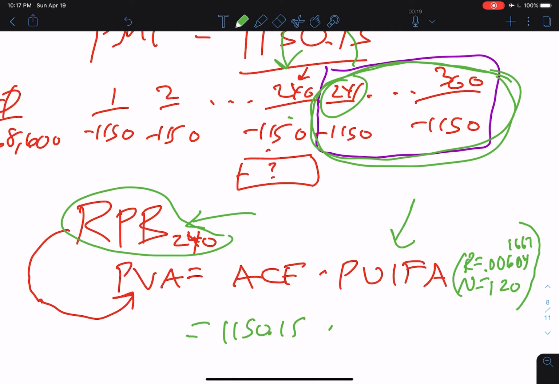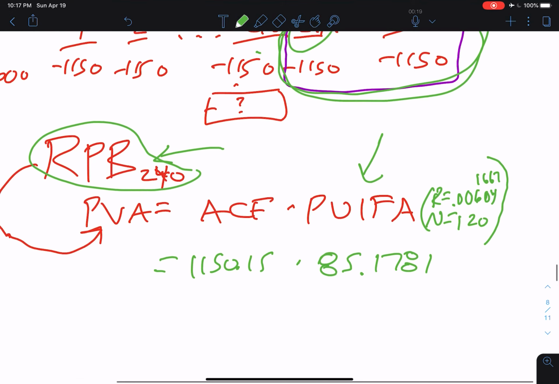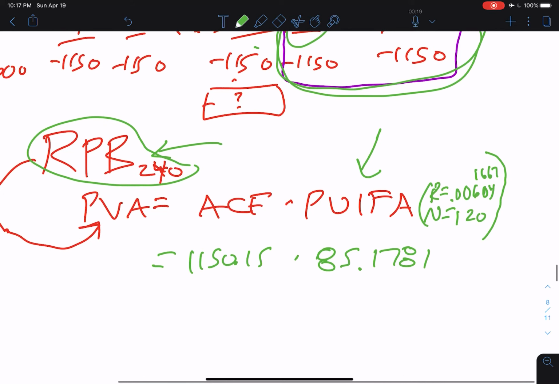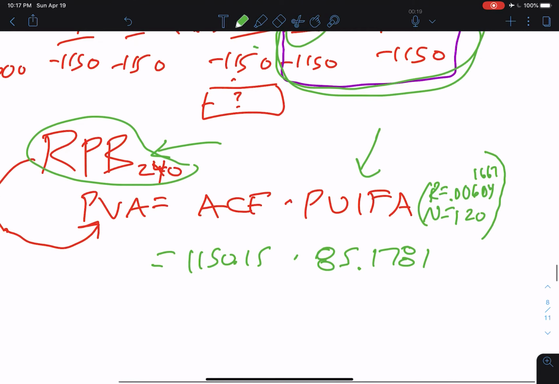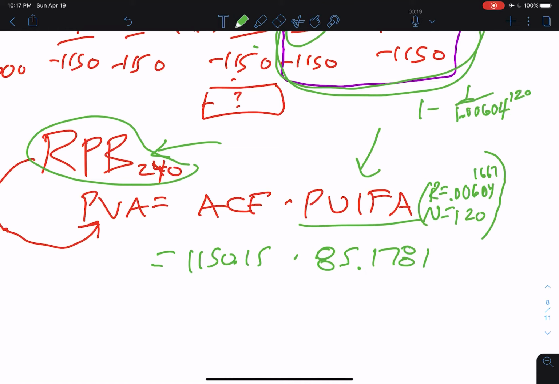Now, what's it going to be? Bigger or less than 120? That's right, less. In fact, when you do the algebra, it's going to be 85.1781. Just to make sure you know what that formula is, I'll just remind you here, PVIFA is going to be 1 minus 1 over 1.00604 to the 120th power, all divided by 0.00604.